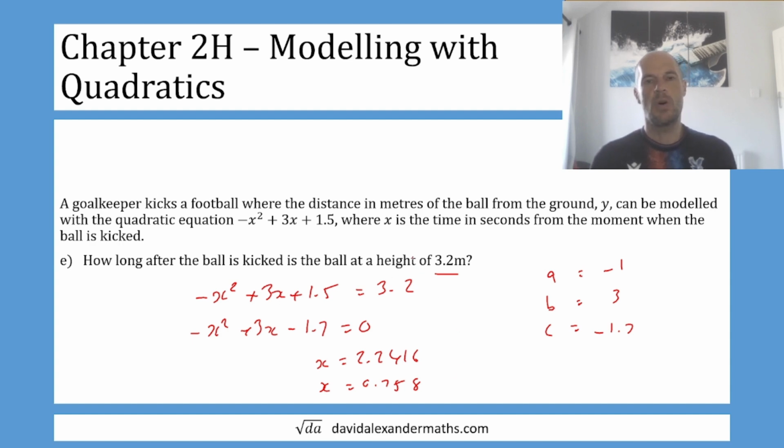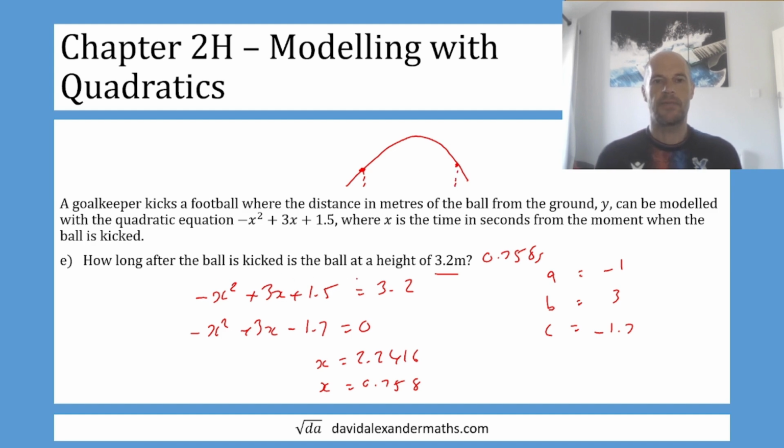Maybe the question could be worded better, but the first time it reaches a height of 3.2 metres is after 0.758 seconds, but it also reaches 3.2 metres on the way back down again after 2.2416 seconds.